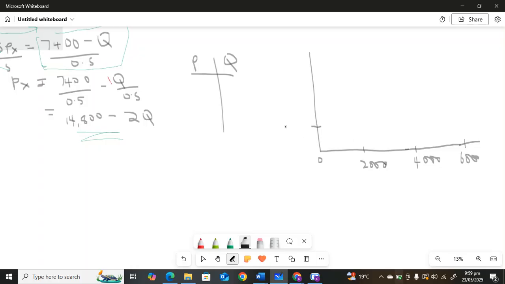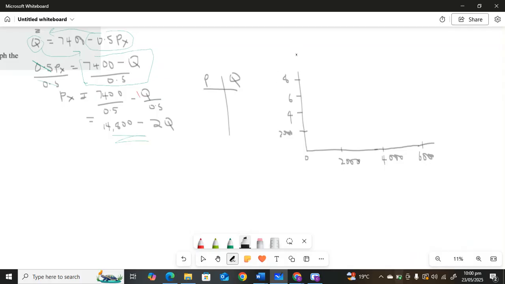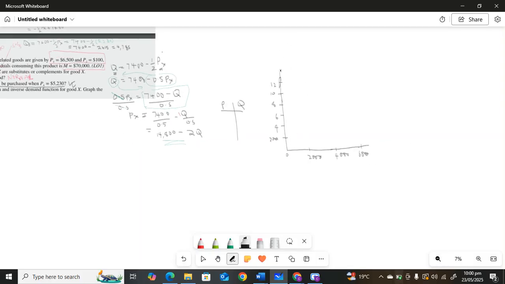Then on the Y column, you also put 2,000, 4,000, 6,000, 8,000, 10,000, 12,000, and you have 14,000.